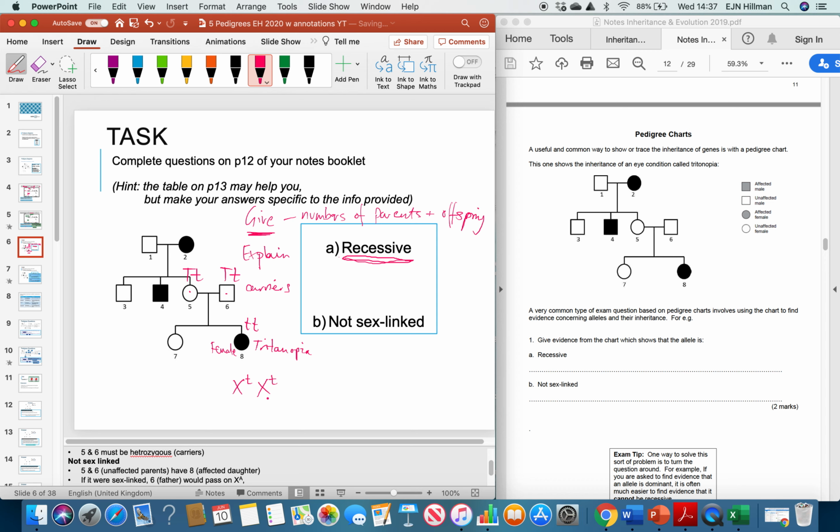So she would need 2 X chromosomes. We've already proved that it's recessive. If it were sex-linked, she would need to have 2 X chromosomes, each with a recessive allele. Now that cannot be the case because her father is unaffected, and therefore if it were sex-linked, he would be X with a dominant T allele, Y. Therefore he could not pass on one of these X chromosomes with a recessive.